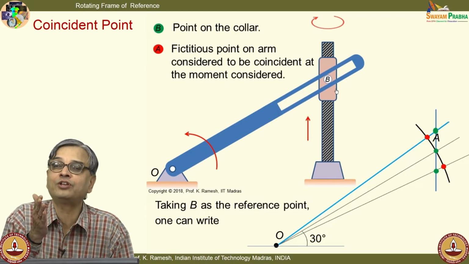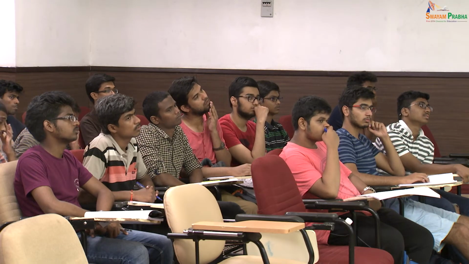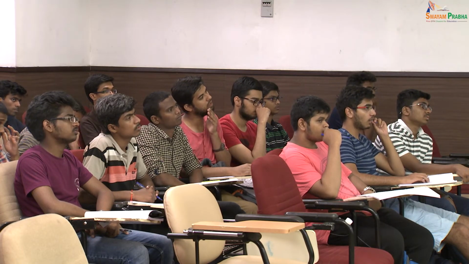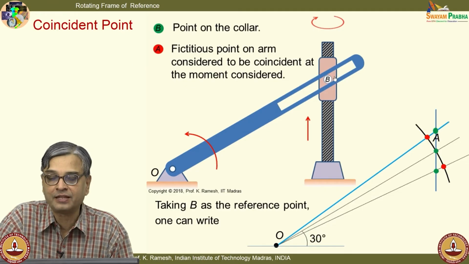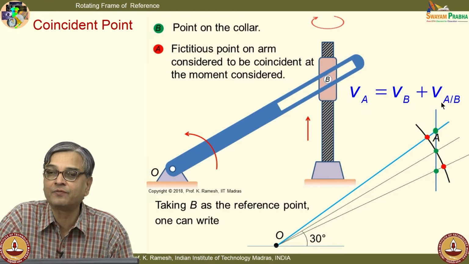That you would see only when you rotate along with the slotted member. I would be able to see that from a coincident point perspective. So, when I have a slot, when I have a member that is rotating, the knowledge you get from coincident point discussion is the relative velocity will be along the slot. Okay. This is what you have got. I could write in this problem VA equal to VB plus VA with respect to B.